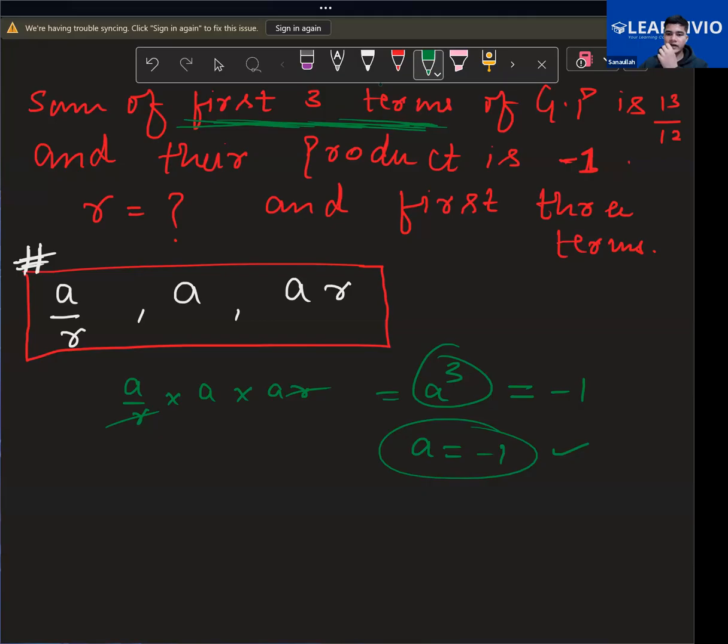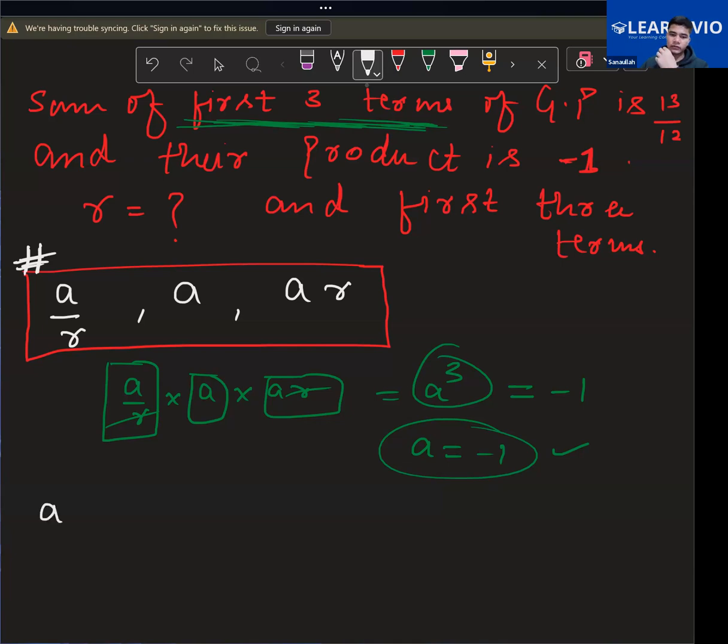That's why I want these three terms in this form: A by R, A and AR. If it was five terms, then in that case also I want all the denominator R and numerator R to get cancelled out, and I can get only the term of A, so that I can get the value of A. Then after that I can get the value of R easily.